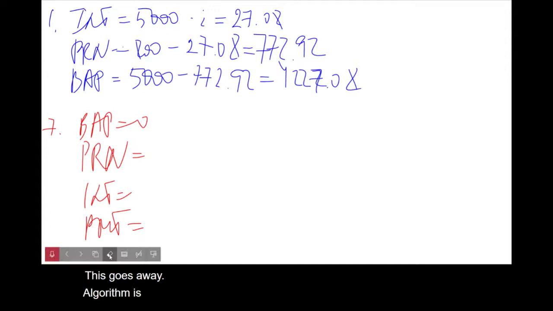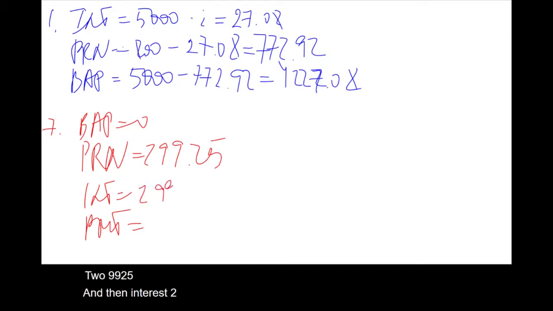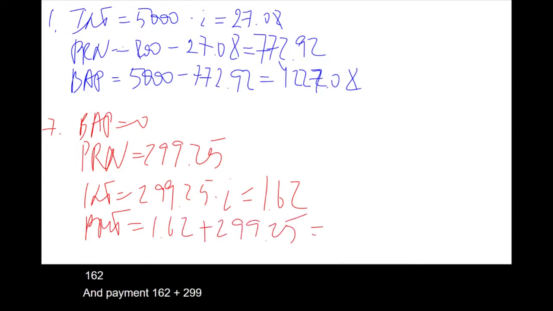The algorithm is the same, just the numbers are different. 299.25, and then interest, 299.25 times I, 1.62, and payment 1.62 plus 299.25.